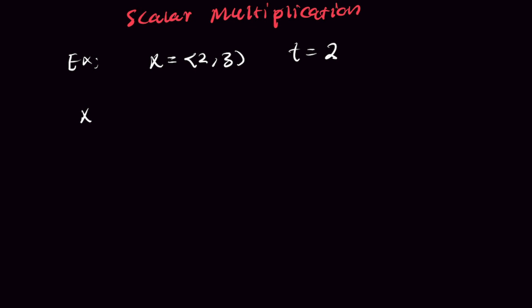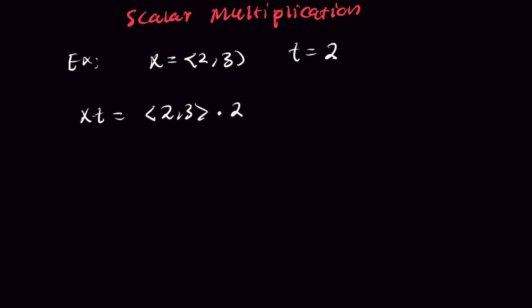What is x times t? So x is 2 and 3, times our t, which is 2.